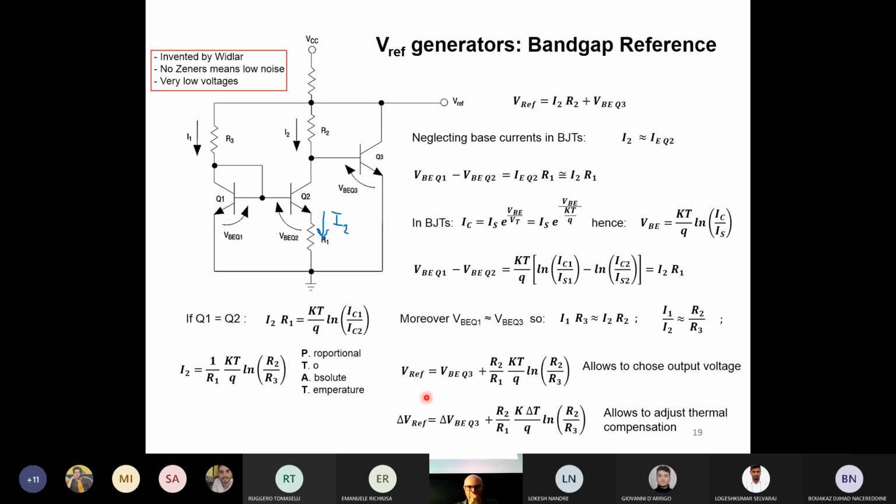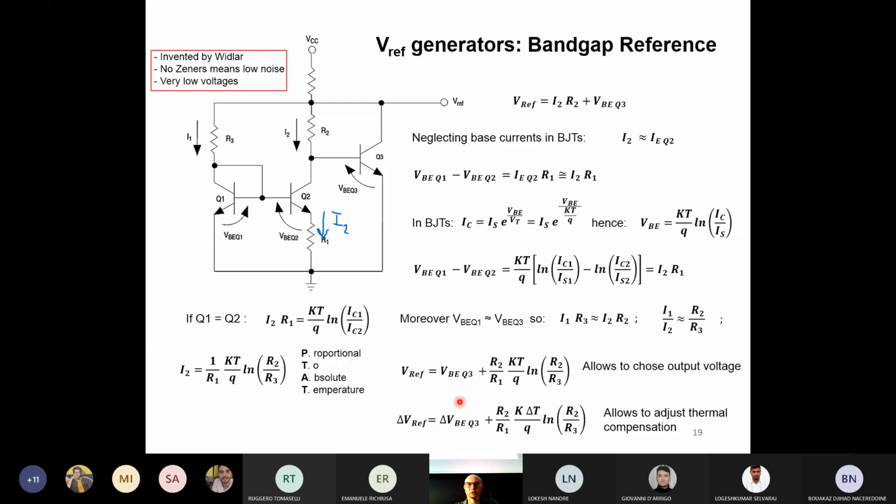So if you take the differential of this function based on temperature, we get that the variation of the reference voltage is equal to the variation of VB of Q3, that we already know, minus 2.2 millivolts per Celsius, plus this term here, where everything is fixed, we just have the delta T, the variation of the temperature.